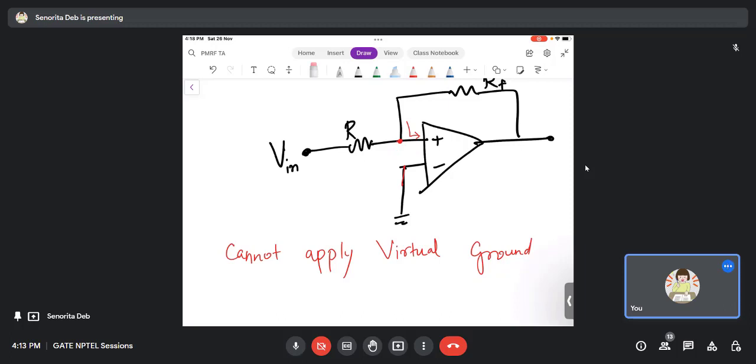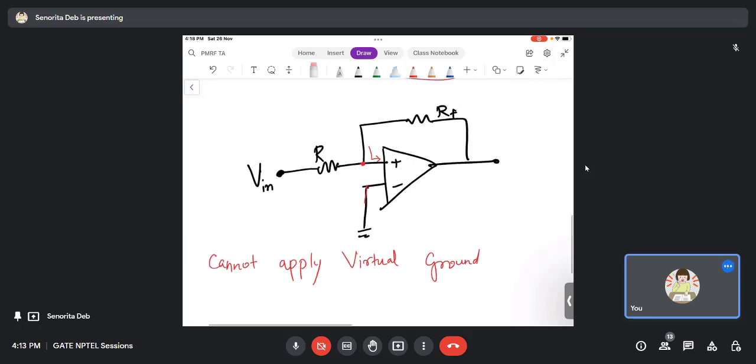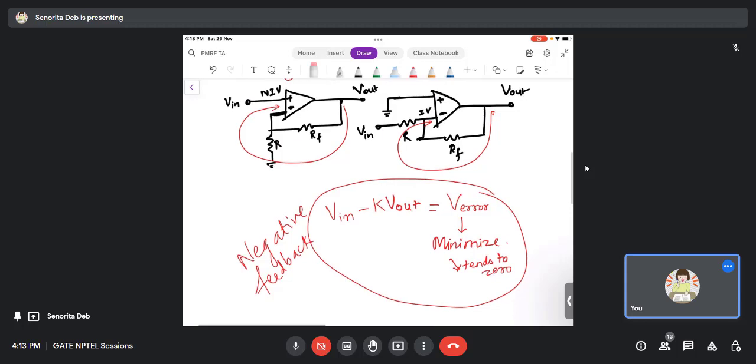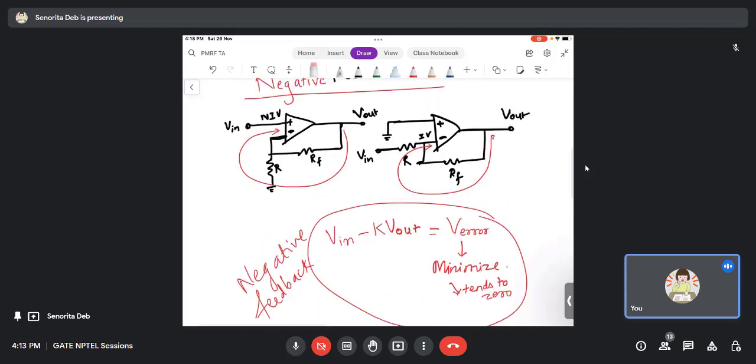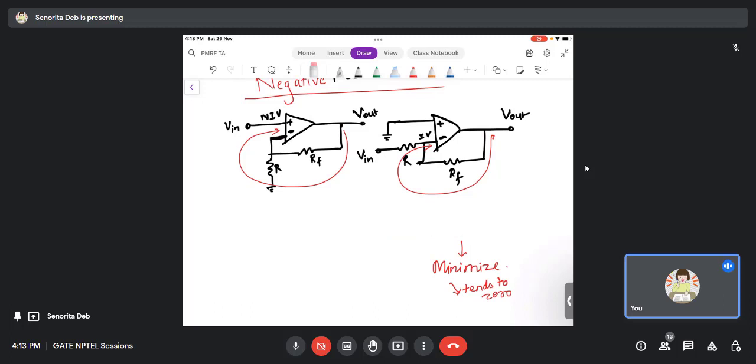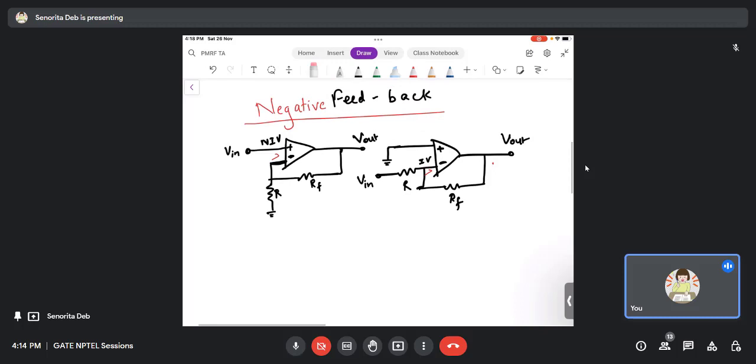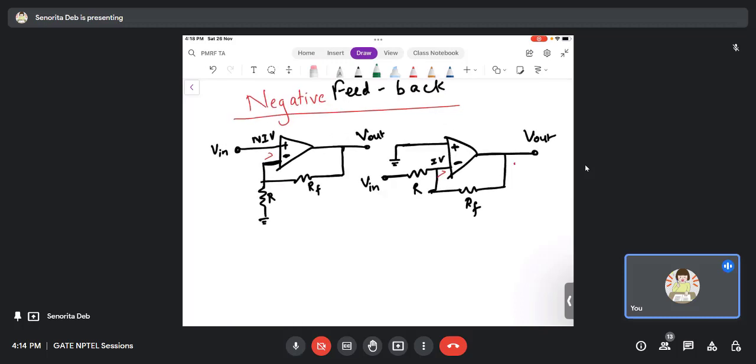So how do we solve these things then? Here I'm assuming that you already know how to solve these circuits, which is very easy. It is nothing but network analysis, right? Whatever voltage is here will be the same as Vn, and this is also Vn because of the virtual ground concept.